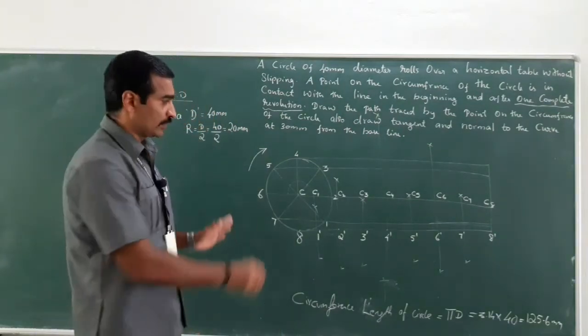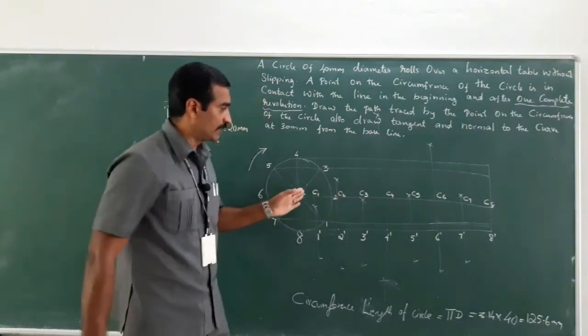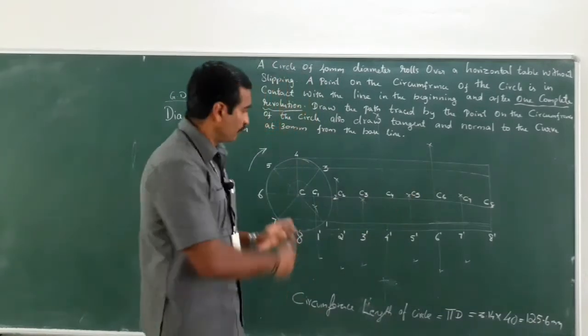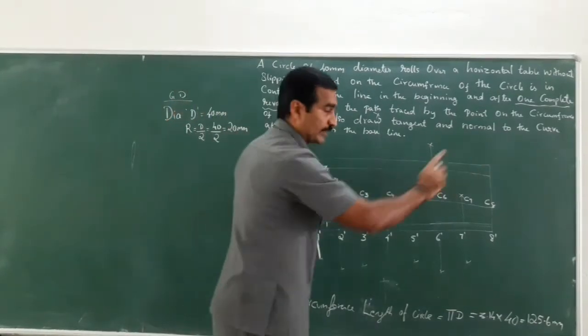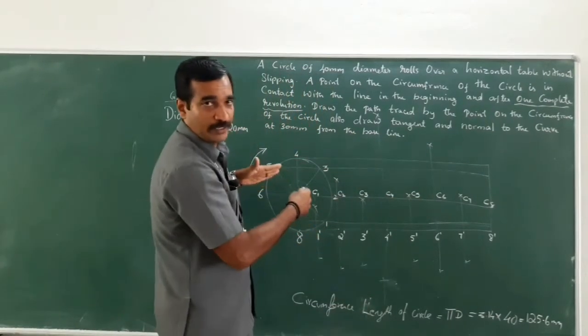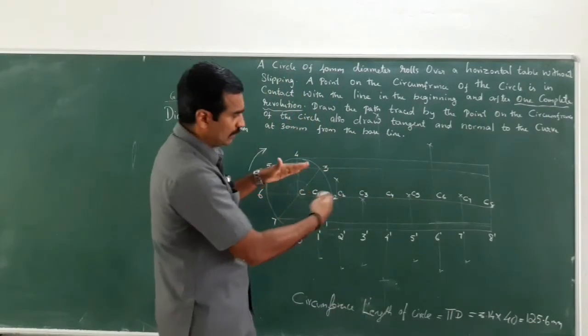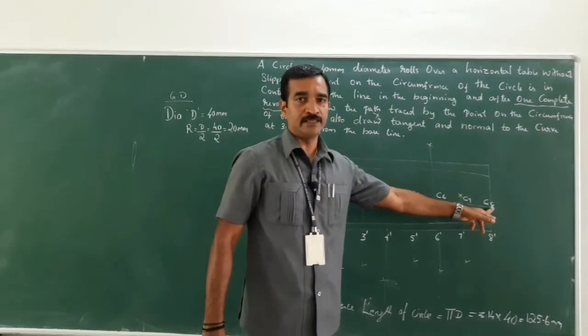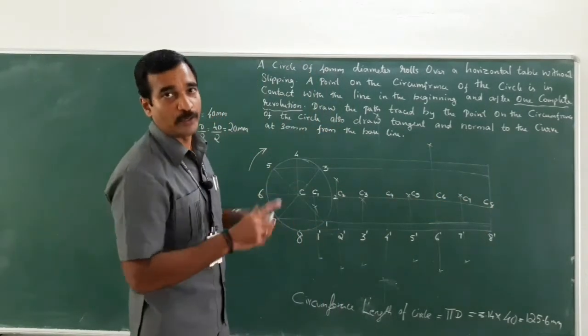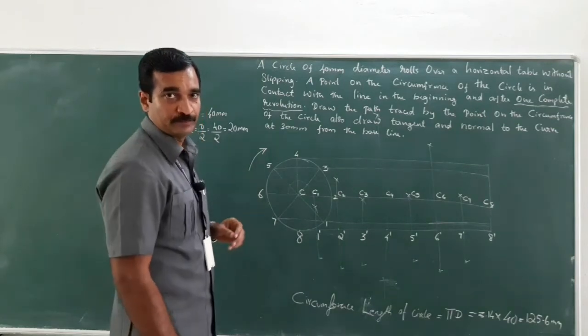Right. So I have constructed the path or the locus of the center, where the rolling circle starts rolling over it. This is the path where the rolling circle or the generating circle rolls to complete one revolution. When it reaches C8, it completes one complete revolution. Right.